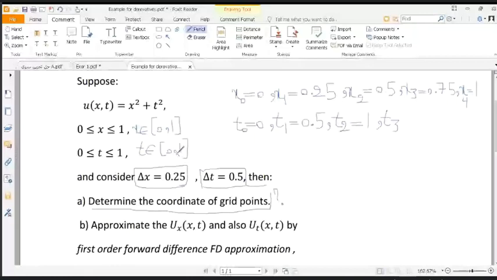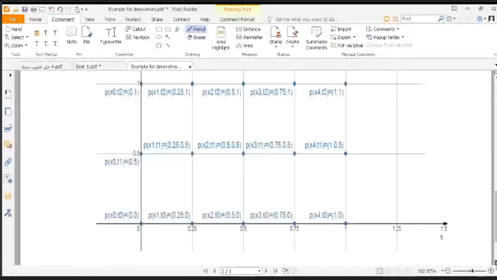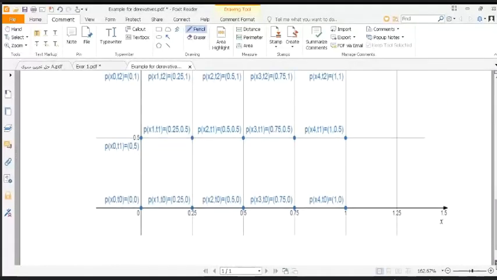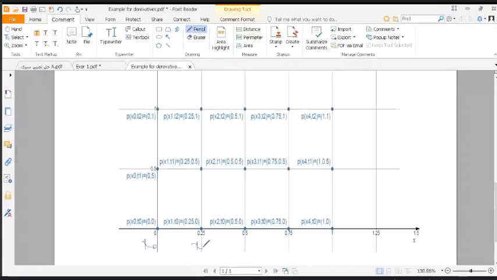And for the coordinates, this is the axis for x, and I zoom in on this picture to see better. Okay, this 0 is x0. This point is x1.